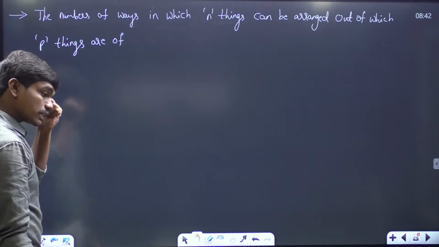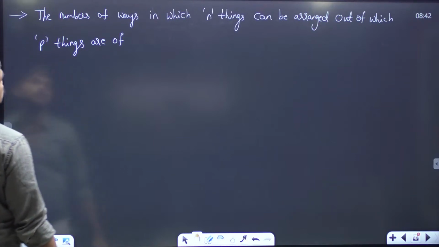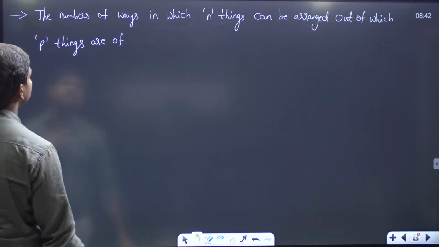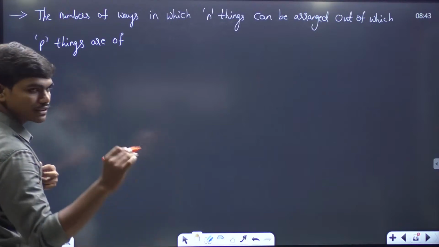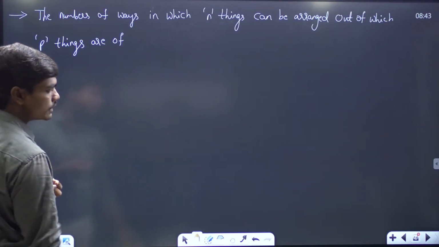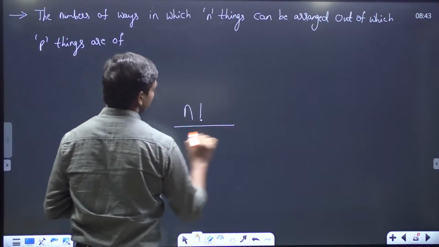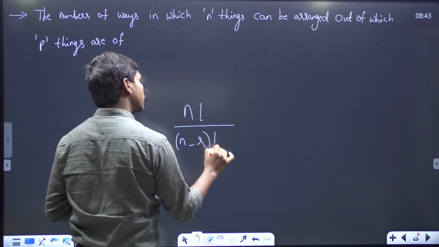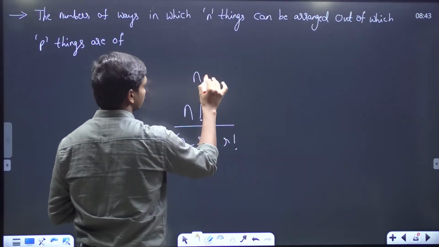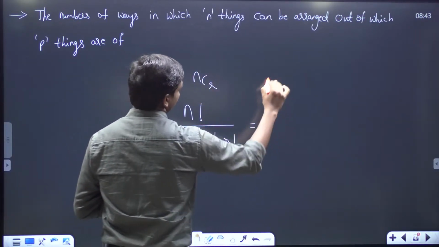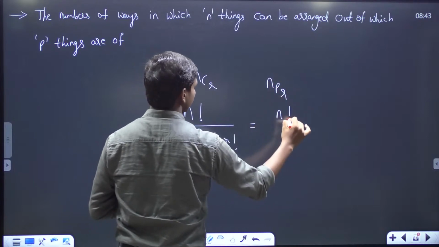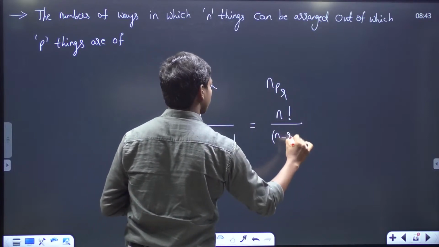So NPR is always greater than NCR, of course, because number of arrangements will be more in general, as the division by R factorial is not there in NPR. If you compare, n factorial divided by n minus R factorial into R factorial, this is NCR, and this NPR is n factorial divided by n minus R factorial.